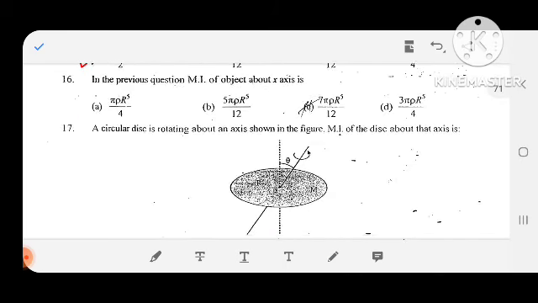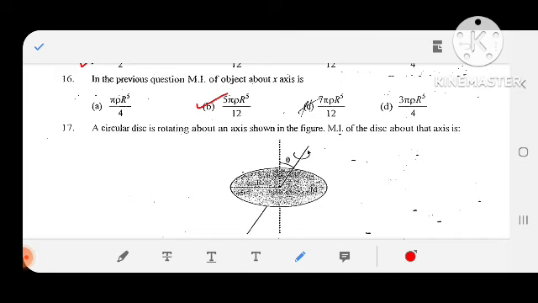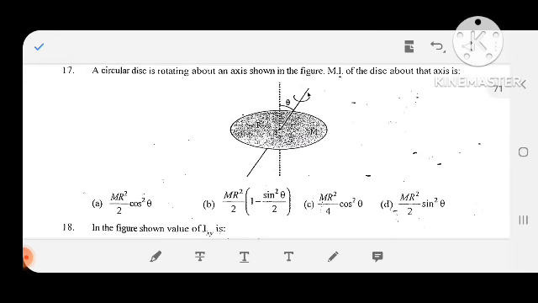Next है, in previous question, moment of the inertia of the object about x-axis is 5ρπr⁵/12. A circular disk is rotating about an axis. Moment of the inertia of the disk about an axis is mr²/2 into (1 − sin²θ/2).